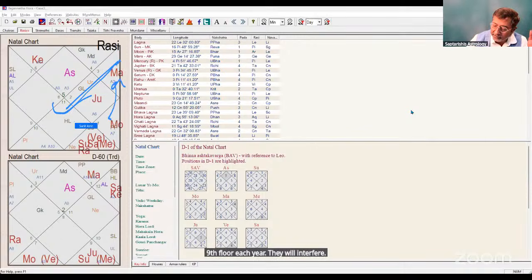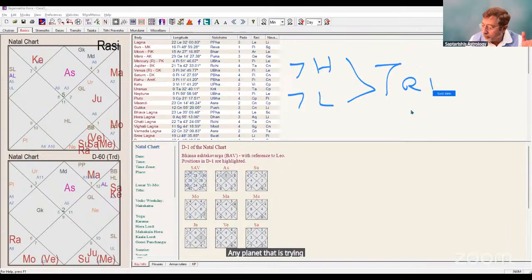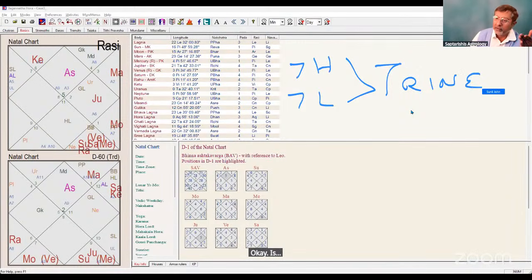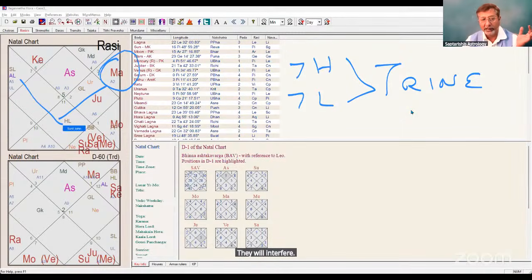Any planet that is influencing the seventh house, the seventh Lord, is influencing that house. What is influencing? Mars, property, siblings, brother-in-law, sister-in-law. They will interfere. Understood, everybody?